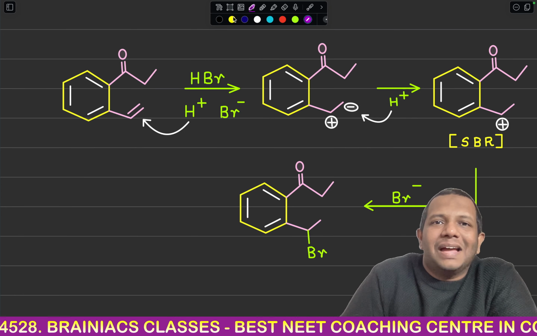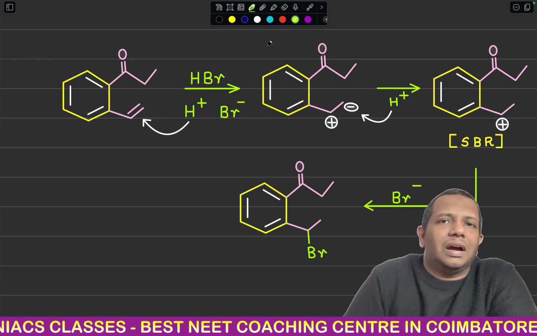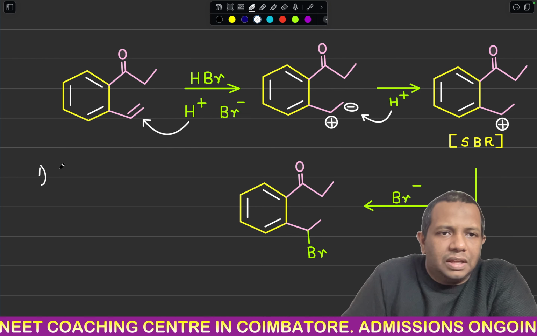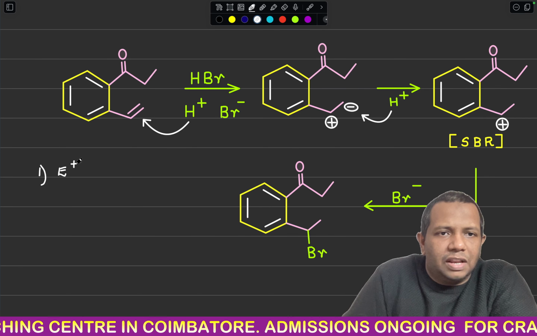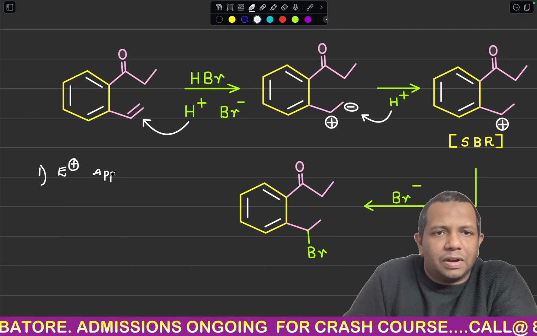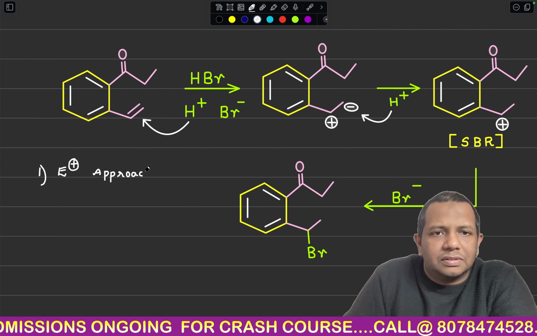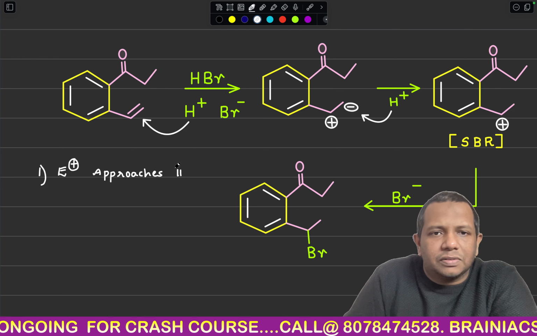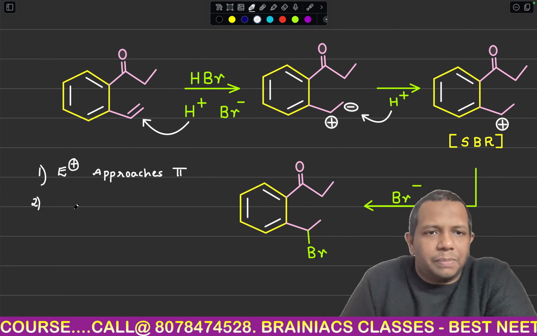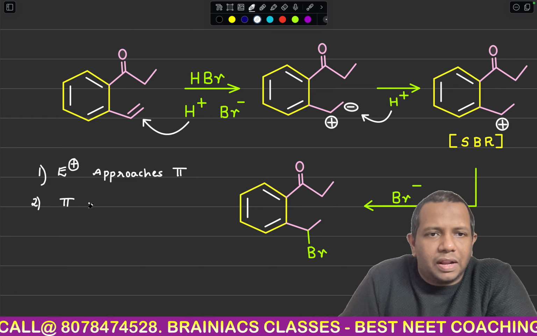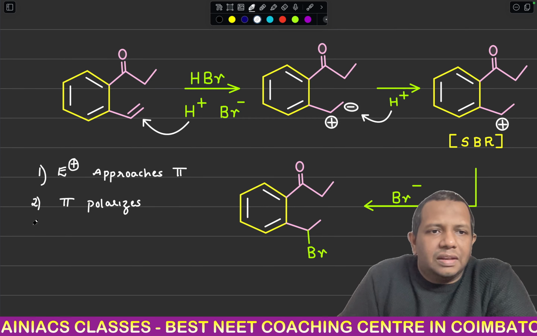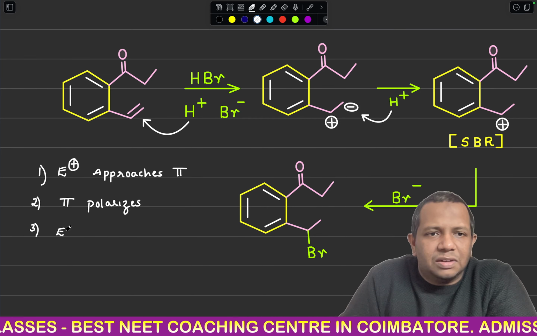Okay, so now it's very easy, right? You can easily imagine the steps that happen in an electrophilic addition reaction. Can you tell me, in the first step, who will come? Electrophile. Electrophile will approach whom? The electrophile approaches the pi bond. This is the first step. What is the next step, sir? When the electrophile approaches the pi bond, the pi bond polarizes. Then what will happen? The electrophile attacks the negative charge.